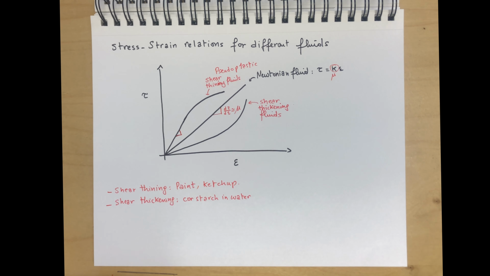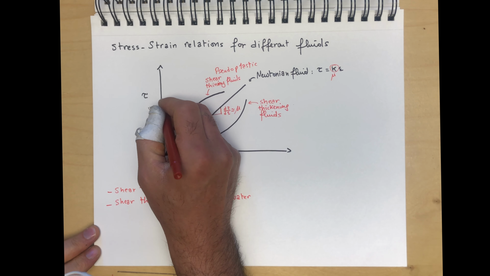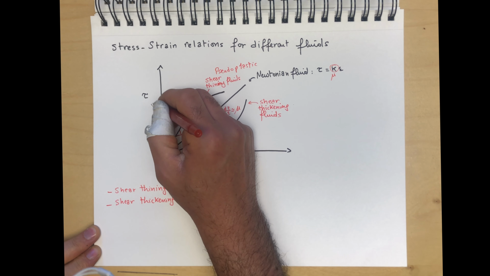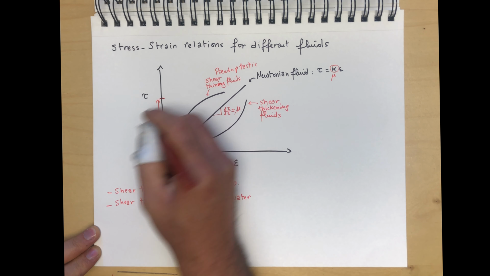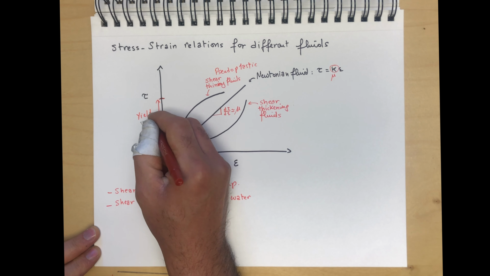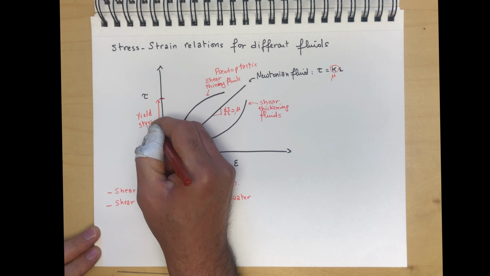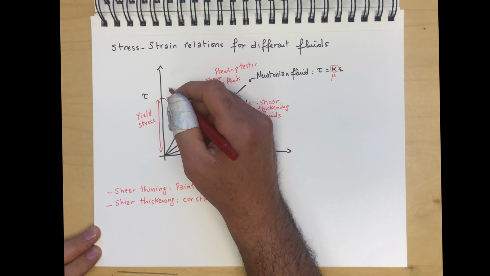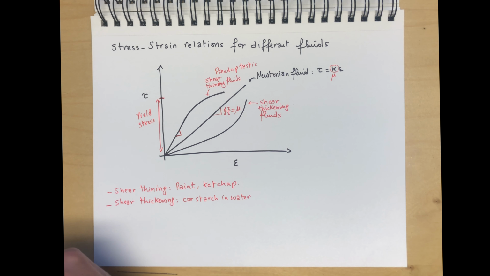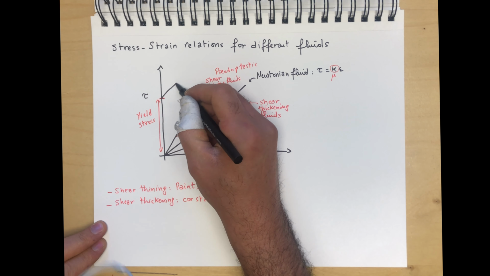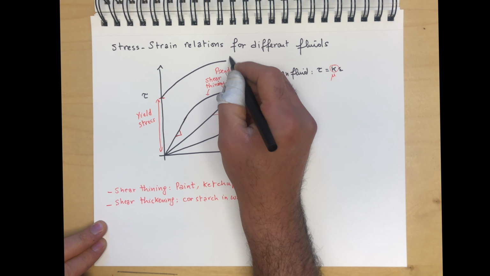Okay, now there are other types of fluids that initially behave like a solid. So take your toothpaste, for example, or mayonnaise, where you have this kind of initial barrier where you have to apply an initial stress called a yield stress. And then you have some interesting behavior, and this is called a plastic fluid.